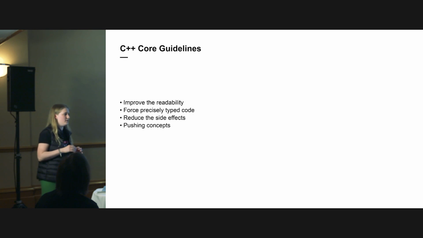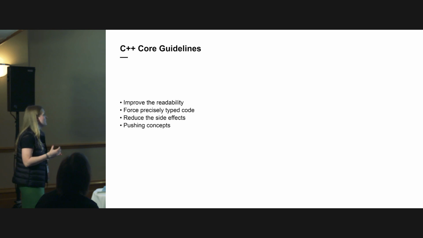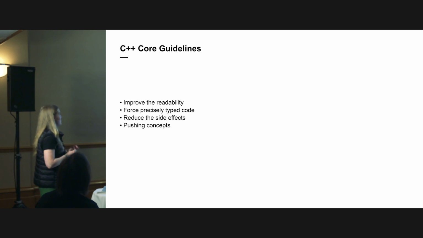It doesn't say just use types everywhere, but it says use concepts on the outer level when you can, make interfaces precise and strongly typed, and all the rest. And from an IDE perspective, these are really great suggestions because they provide all the necessary information to parse C++. And it's doing many other good things like reducing side effects in some way, and of course pushing concepts, at least for what is happening in the template section.